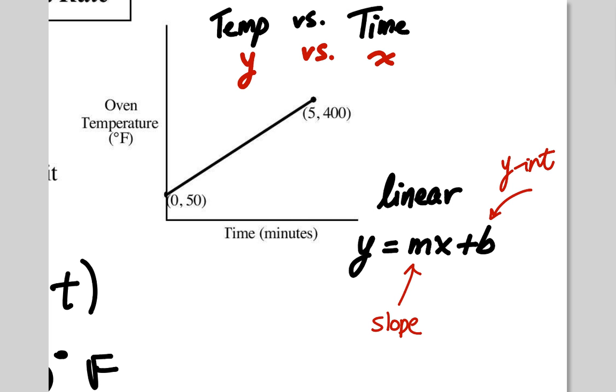Good. And of course, y and x are always needed in the formula. Y is the dependent variable. Notice it's alone on the left. X is the independent variable. So you have to change x, and then you'll get some corresponding y. So it totally depends on the time, and then you'll get the corresponding temperature.